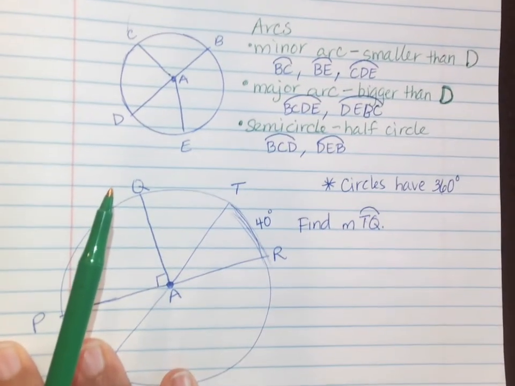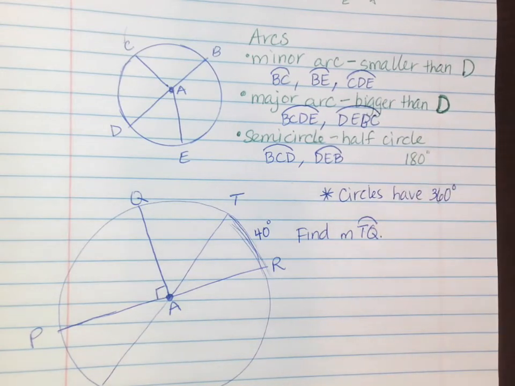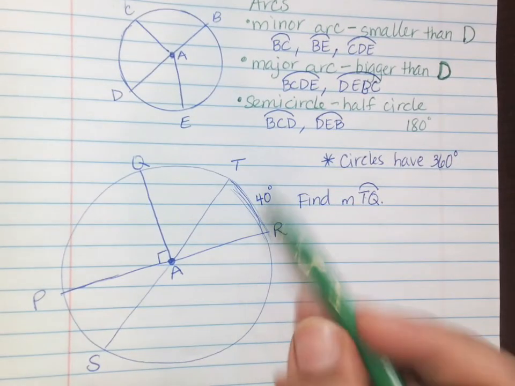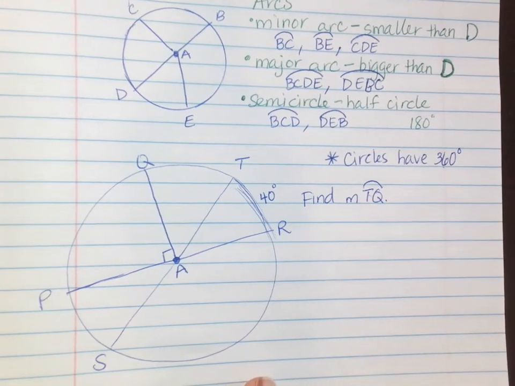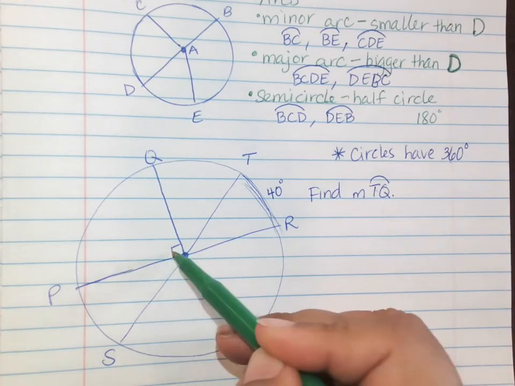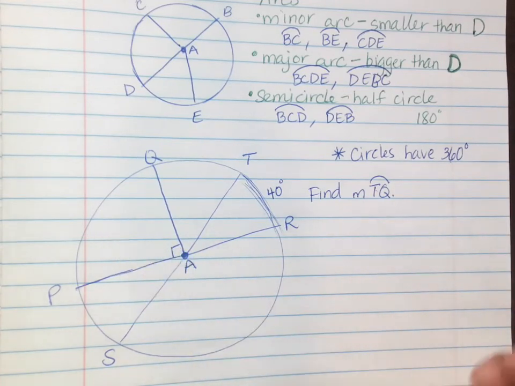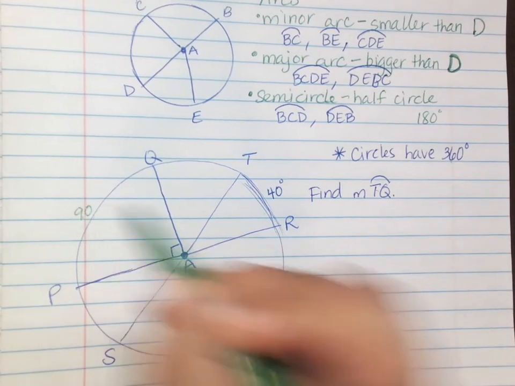So maybe we should add that up here. Semicircles have 180 degrees. So this whole section has 180. We know this part's 40 and this part's a right angle, so this is 90.